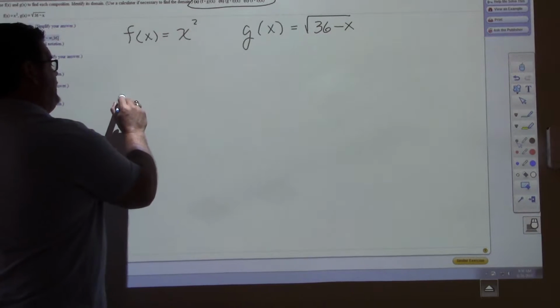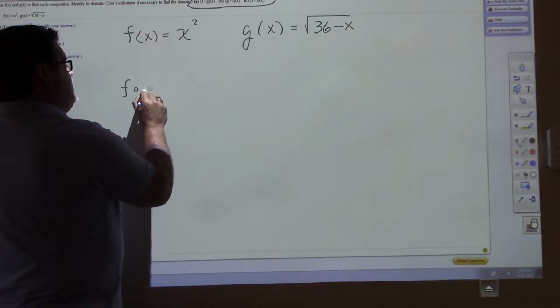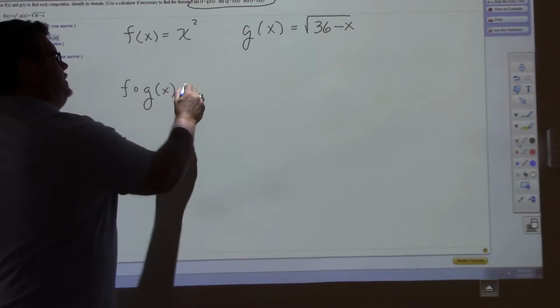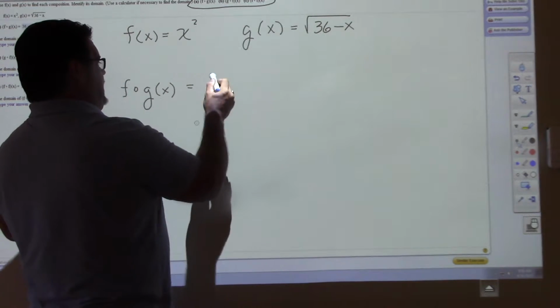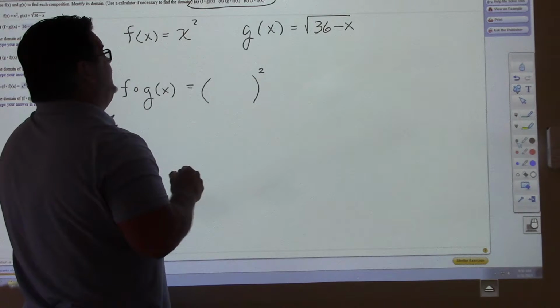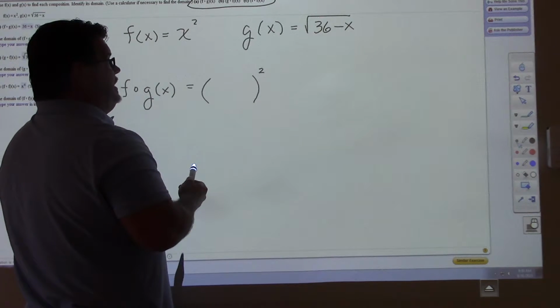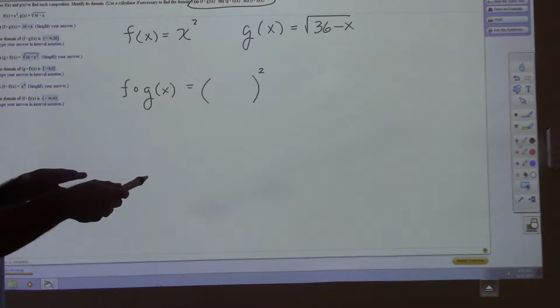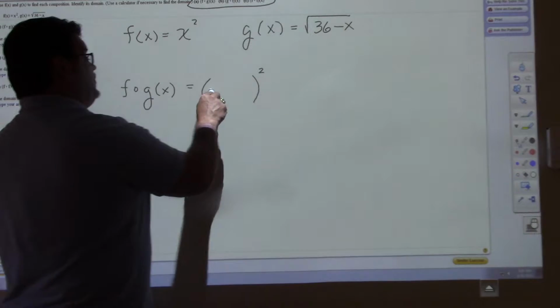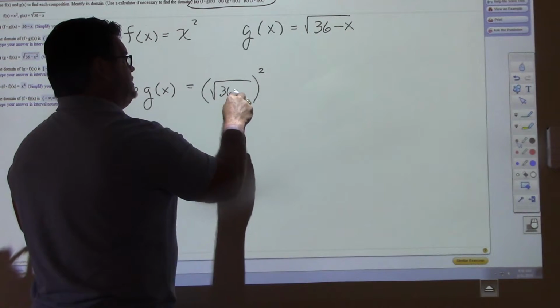So f composed of g. That means we're going to rewrite f in terms of what? Big parentheses. And then what are we going to plug into the parentheses of f? g: the square root of 36 minus x.